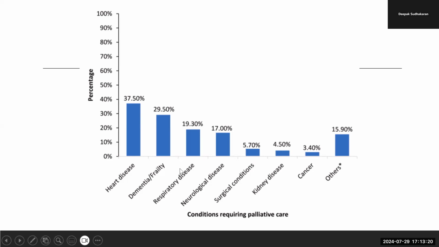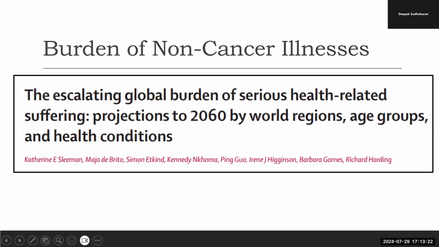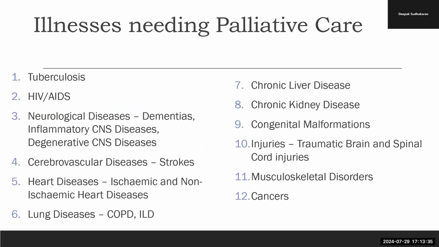So this was a study done in Karnataka. But if you also look at global statistics, there is an escalating burden of serious health-related suffering. This was a Lancet report, and these are some of the categories of diseases which have been put in the report.